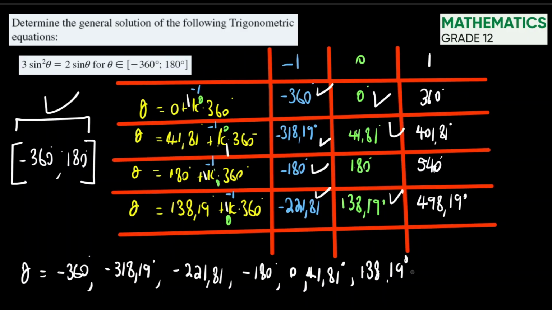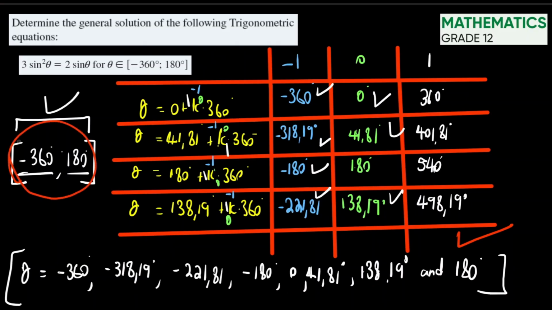And the last value before, well, before 180, I mean to say, is 180. So these are all the values that lie between -360 and 180 when you solve the general solution for that question. And once you've done this, you would have gotten all your marks. So this interval is important after you found your general solution.